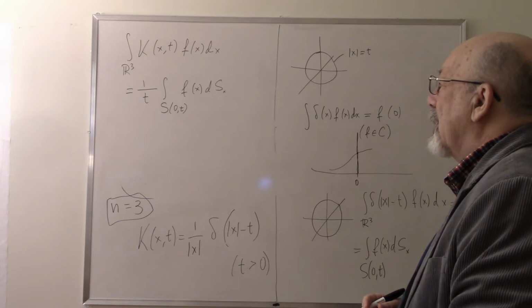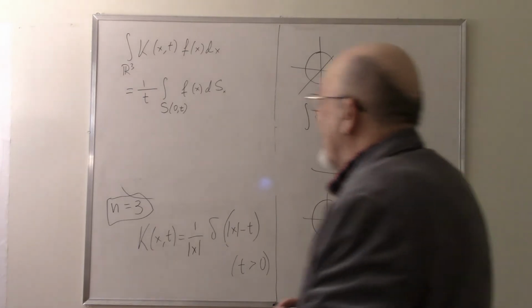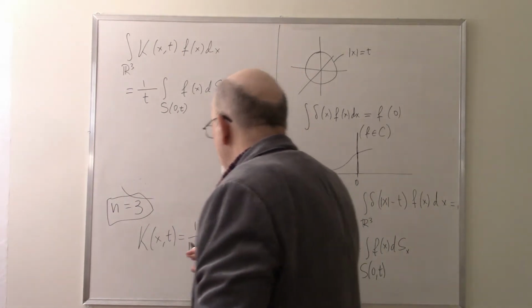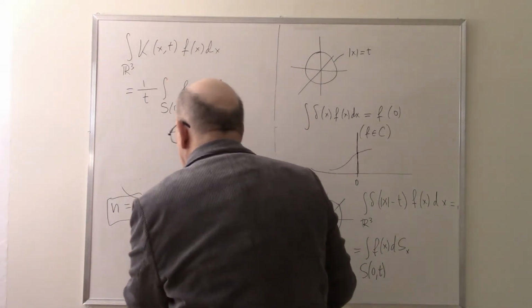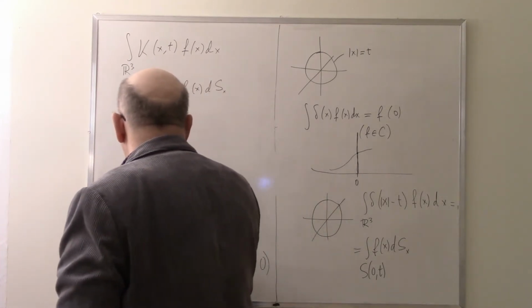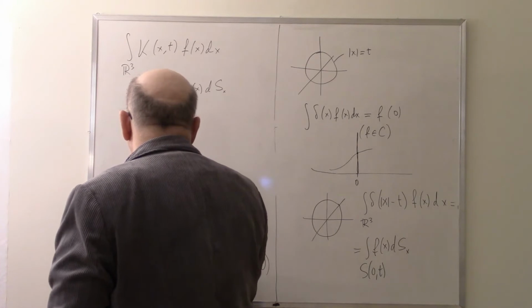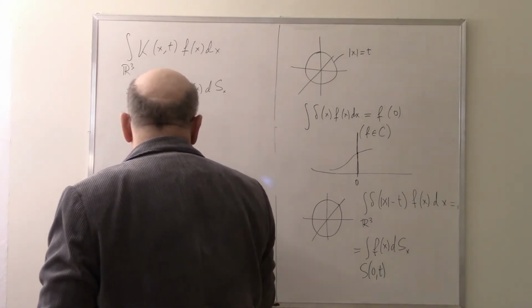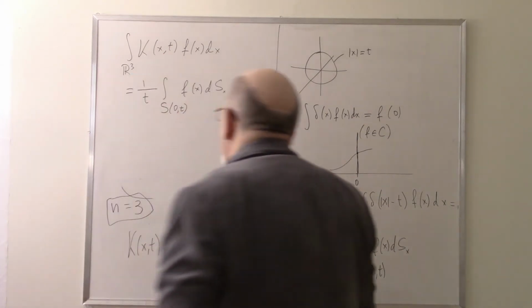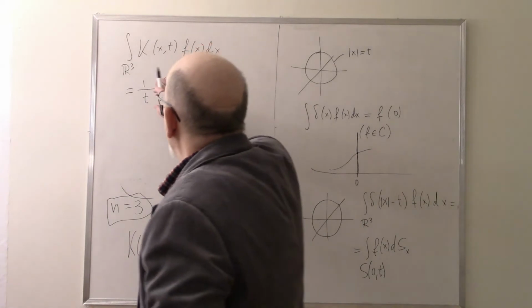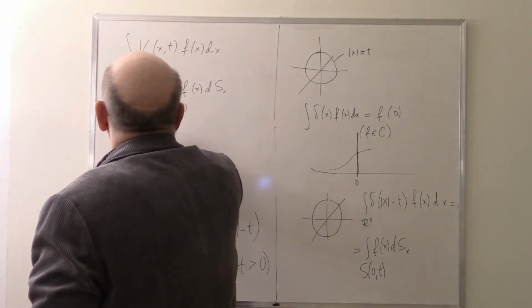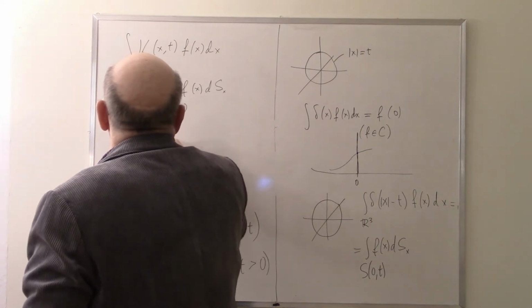But to make it simpler, I introduce here some coefficient. K of x t equals some coefficient c, and this coefficient c equals 1 over 4 pi.